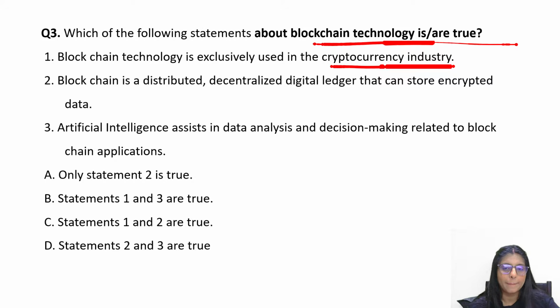Blockchain is a distributed, decentralized digital ledger that can store encrypted data. Artificial intelligence assists in data analysis and decision making related to blockchain applications. Yes, correct. So options 1, 2 and 3 are true. That is, option D is the right answer.